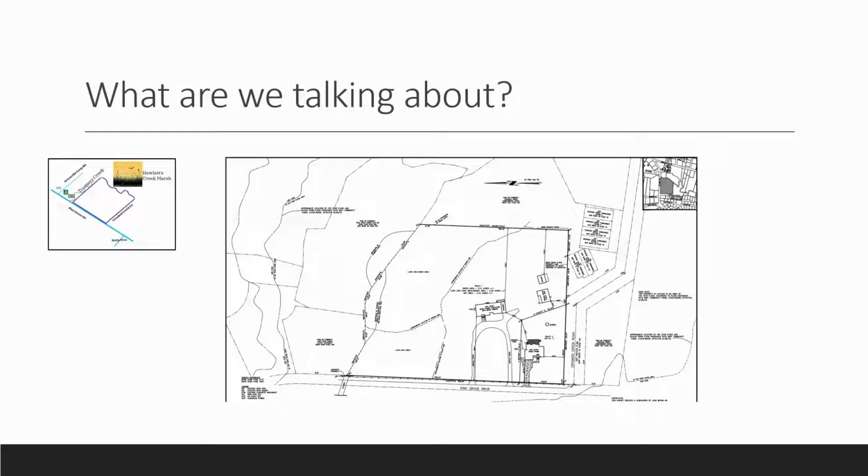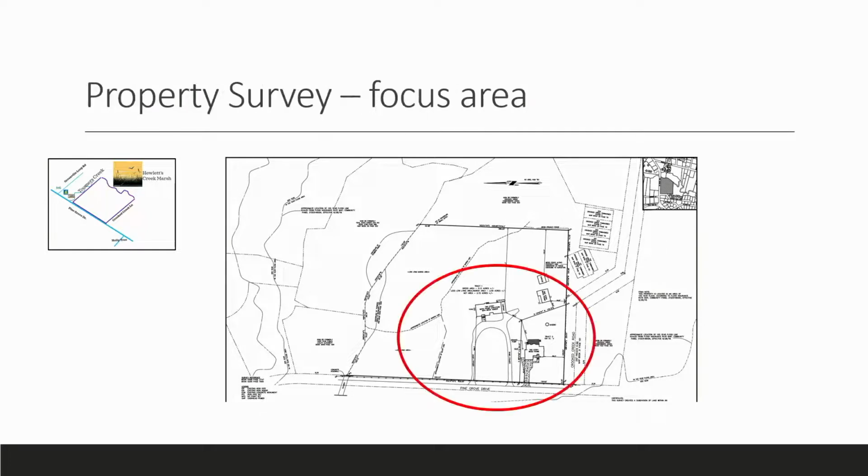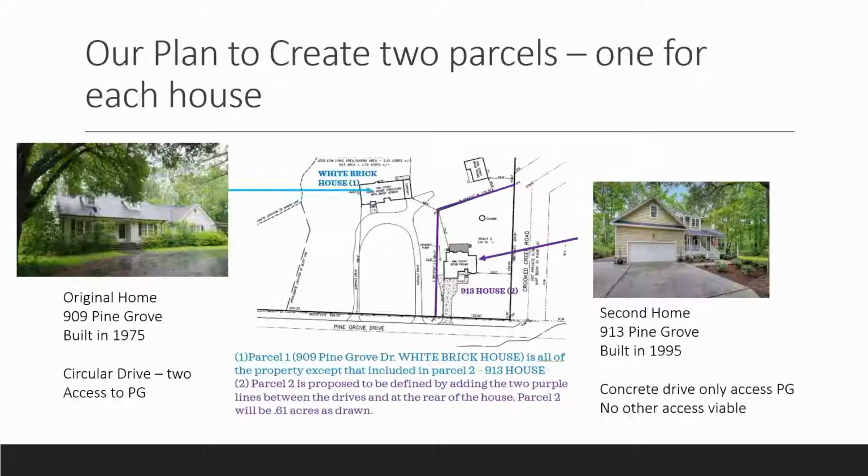So Pat showed you the survey plot. The whole left side is wetlands, and you can see that visually here. We're going to be focused on this front corner part where the 2 homes are. Our plan is, as Pat said, to take what is in operation today, which is 2 houses on the same property, and divide them into 2 properties so that we can sell each one of them as they are completed in renovation.